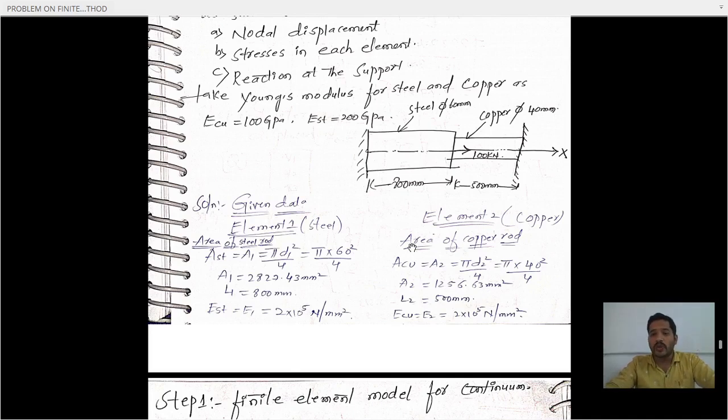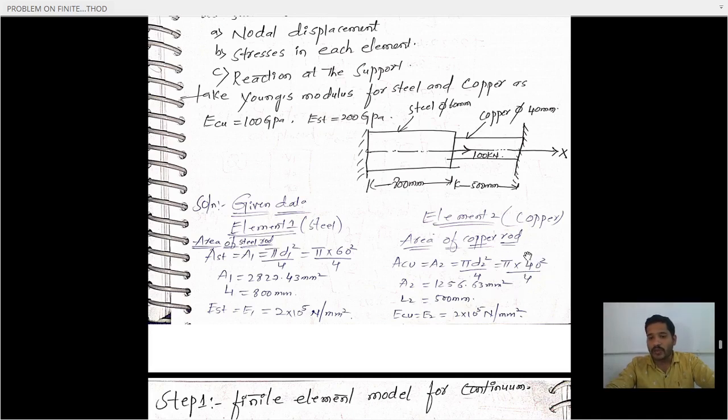Similarly for the copper element, first we need to find the area of the copper, represented by Acu. Acu is equal to pi by 4 into d square, where the diameter of the copper is 40, whole square.